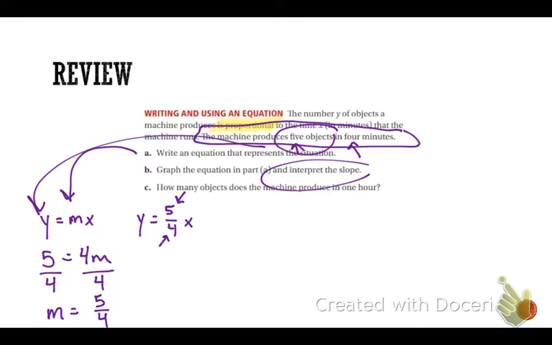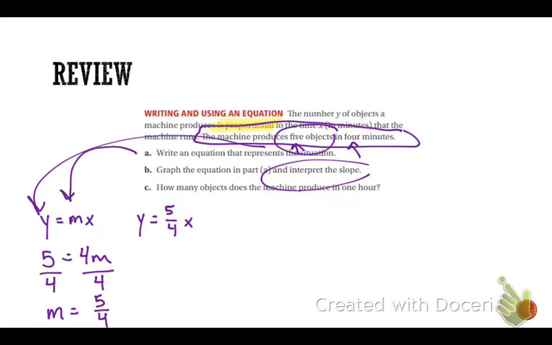So if 5 is my rise value, and what did Y stand for? Objects. This means 5 objects, and my run value was minutes, so I produce 5 objects in 4 minutes. That's all I do to interpret the slope. So does everybody see how I did that? Rise over run. My Y value was objects, so this means 5 objects in 4 minutes. That's how I would interpret the slope.